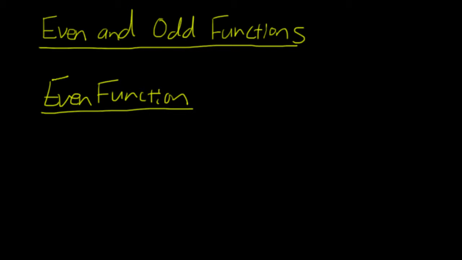If you want to check out the proper definition of even function, you can certainly do so by just looking at the textbook definition. And the main point of the definition is something like this: f of minus x is equal to f of x. Doesn't really matter which side that you have first.